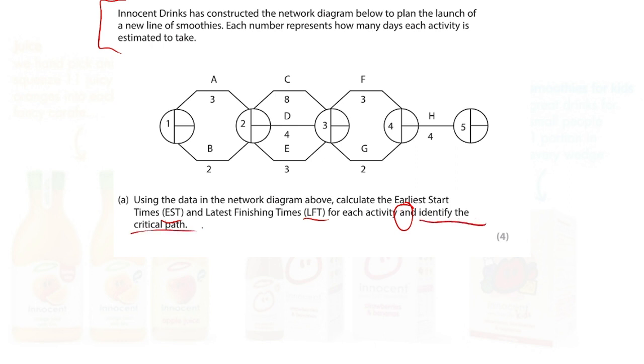Now, the critical path is the longest path, okay? Now, we're always going to go 0, 0. Ta-da! Happy days. We're then going to be thinking about the biggest number. Now, last time I checked, 3 was bigger than 2. So that point is paused because B is going to have to wait for A. 3, 3. We're then thinking about, well, what's the bigger one there? Well, clearly we've got 8.